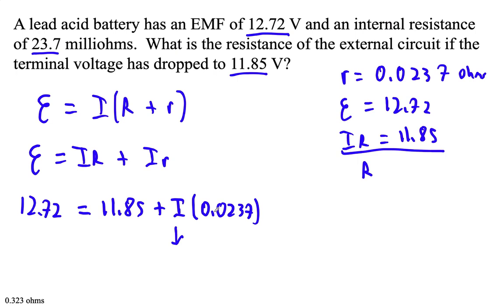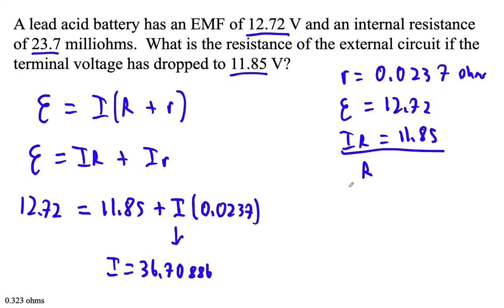Then I'm going to divide by 0.0237, and I've got that the current is 36.70886. I have to use that exact precise value.